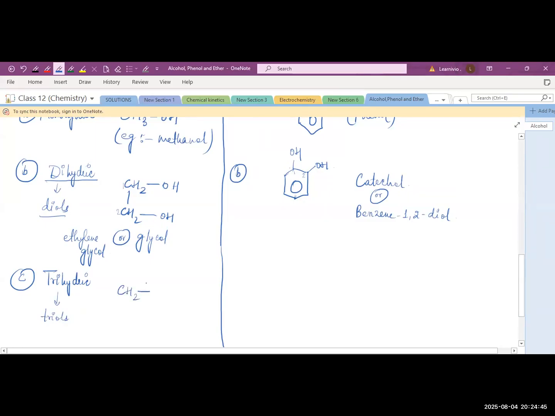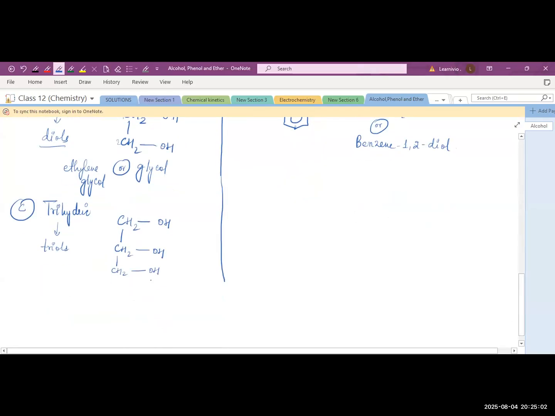CH2OH, CH2OH, and again CH2OH. You can see there are three OH groups attached, three OH groups are present. So this is your triol or trihydric alcohol.